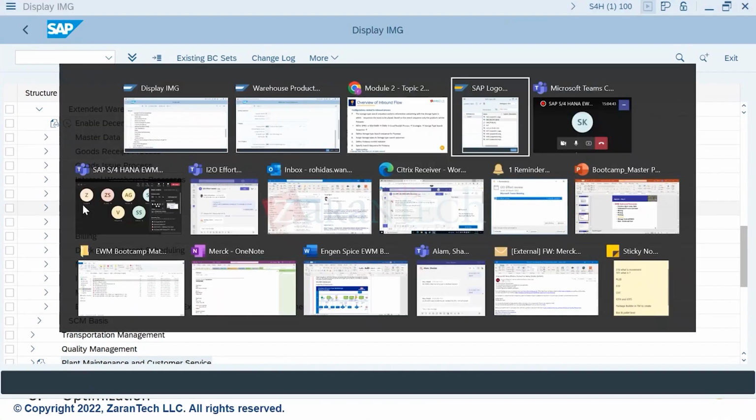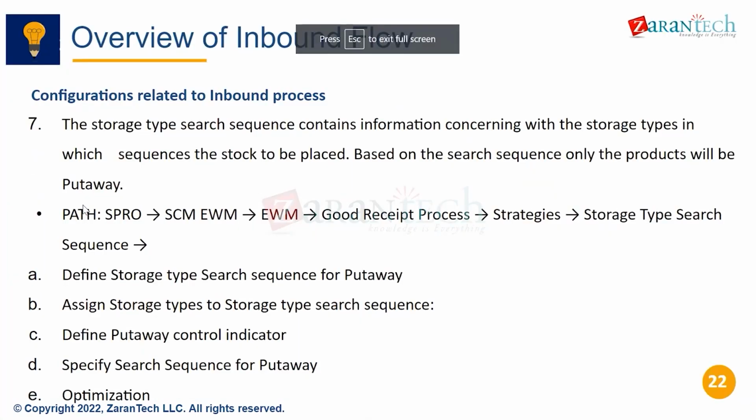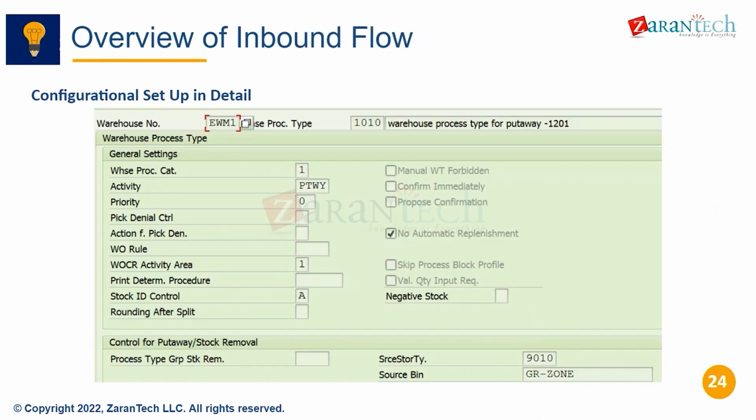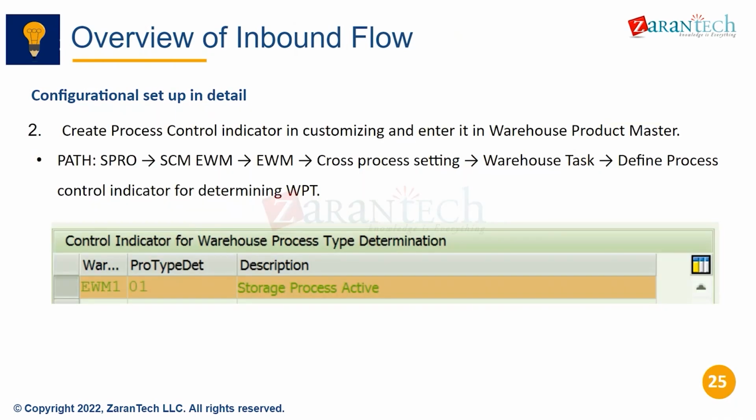Clear? Now let's see what the next topics are here. This I already showed you. This is the storage to warehouse process type level settings I explained to you. Again, the process type determination indicator, I told you we are going to assign at the product level to determine your particular warehouse process type.